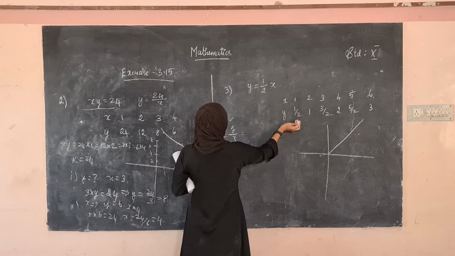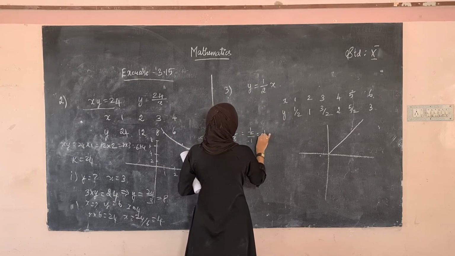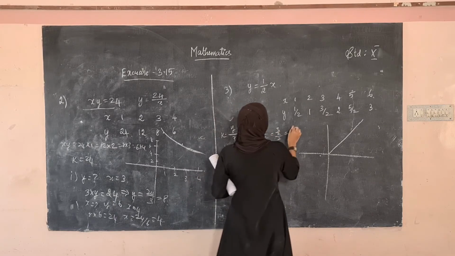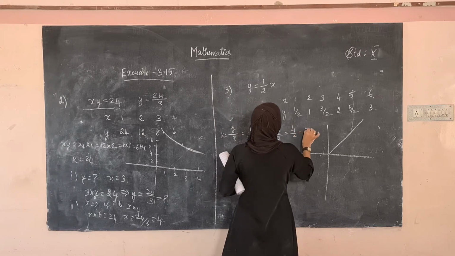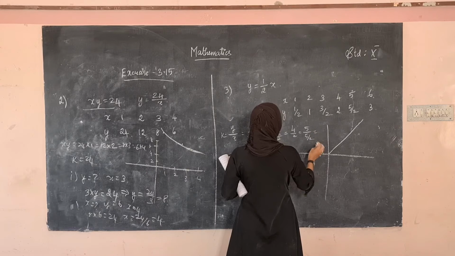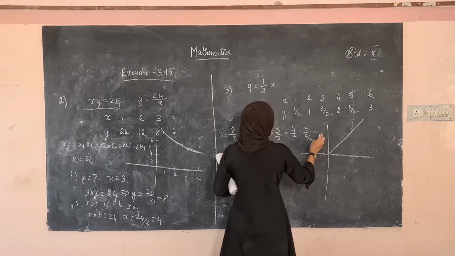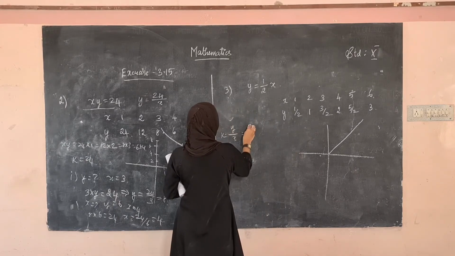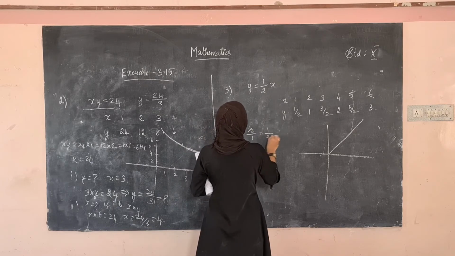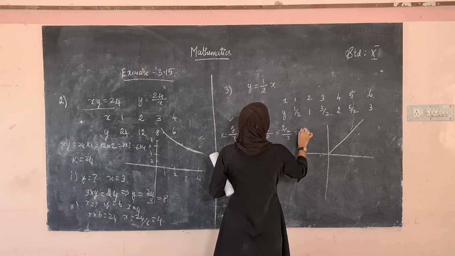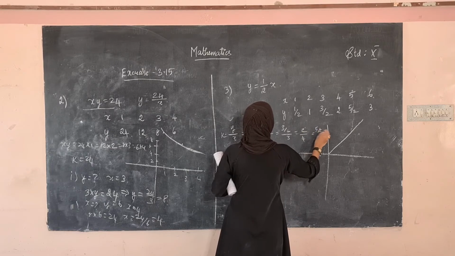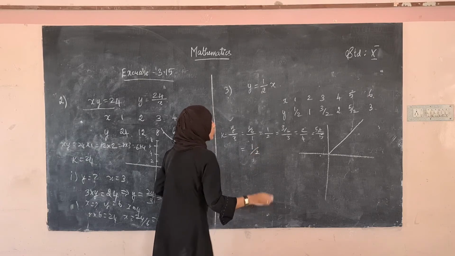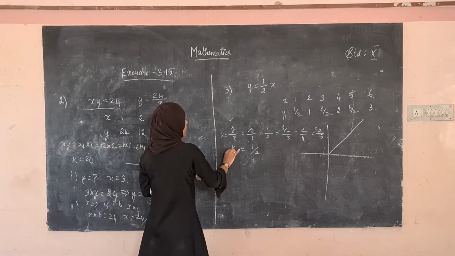So 1 by 2 divided by 1 is equal to 1 by 2, 3 by 2 divided by 3, 2 divided by 4, 5 by 2 divided by 5. Y divided by x, right? So what's the value of the constant of variation? That is 1 divided by 2. Okay, 1 divided by 2 is the constant of variation.